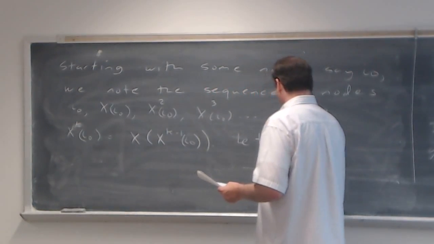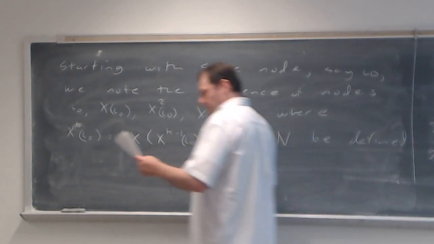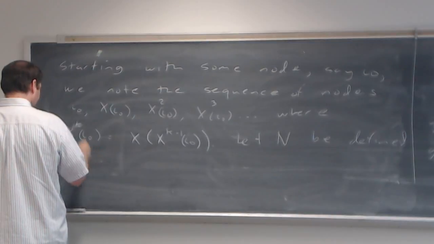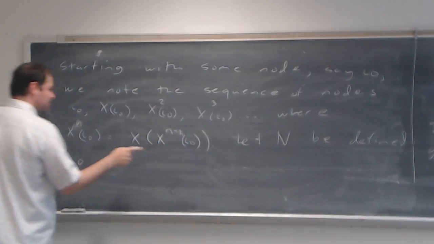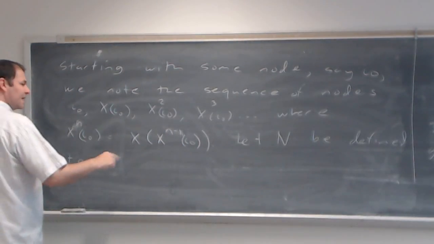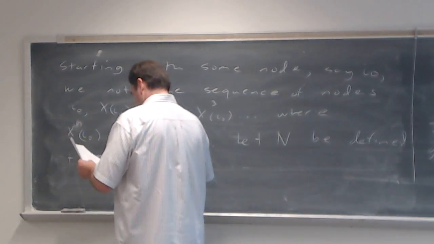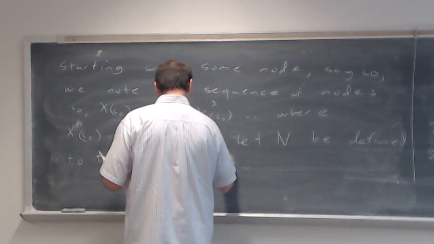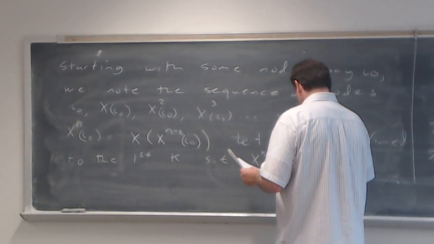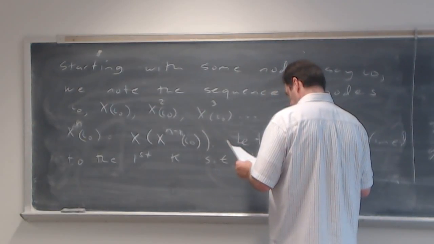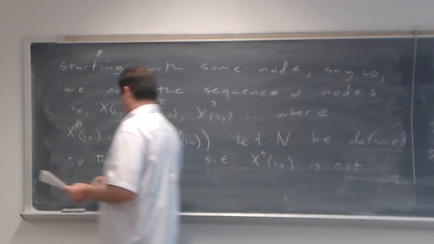Then here's what we're going to find. We're going to let big N be defined, it's a random variable, to be the first k such that x to the k of I sub 0 is not a new node.